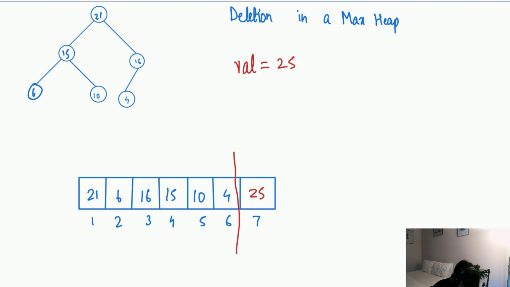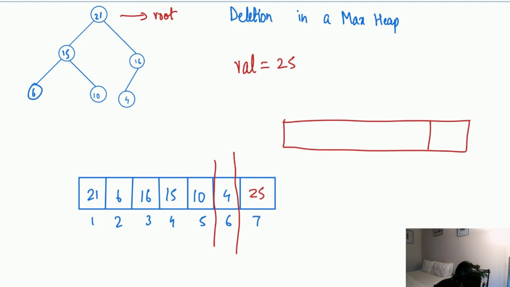Now what is happening over here is, because we're always deleting the root element, which is always going to hold the maximum value, if we remove that and place it at the last index and then reheap our maximum heap structure, we're going to, essentially, by deleting these elements, reach an array which is sorted.